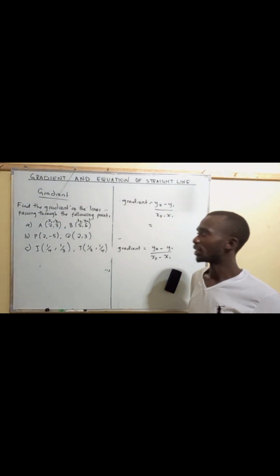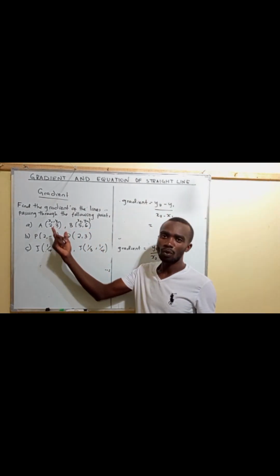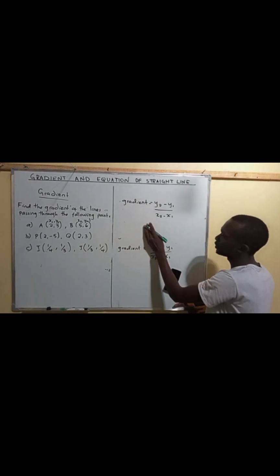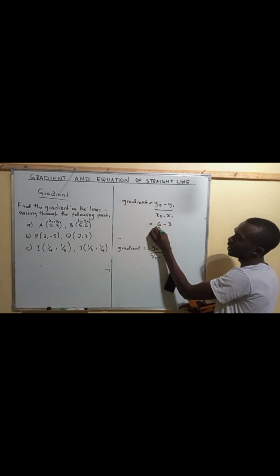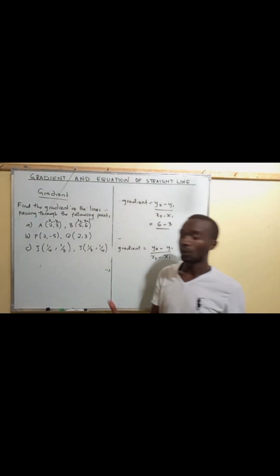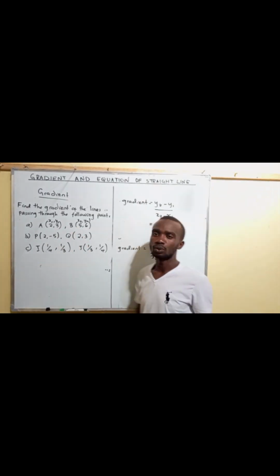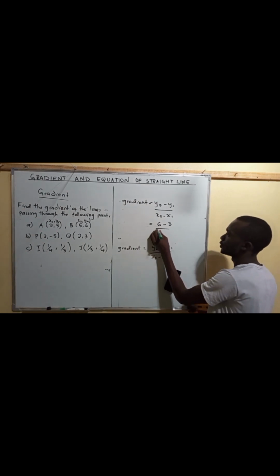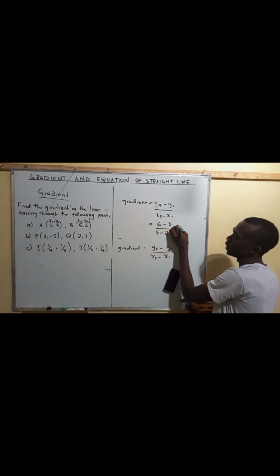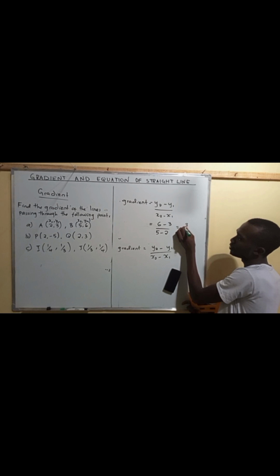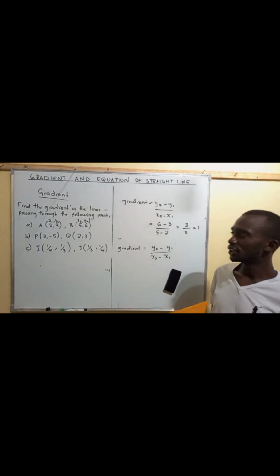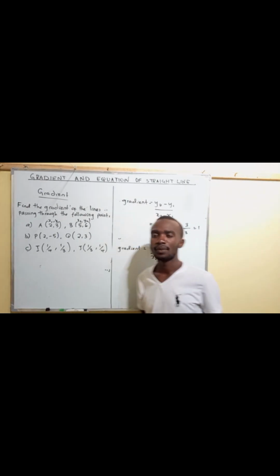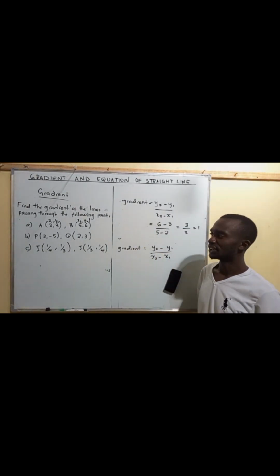So y2 in this case is 6 minus y1, which is 3, over x2, which is 5, minus 2. So this is 3 over 3, which is equivalent to 1. So the gradient of the line AB is 1.